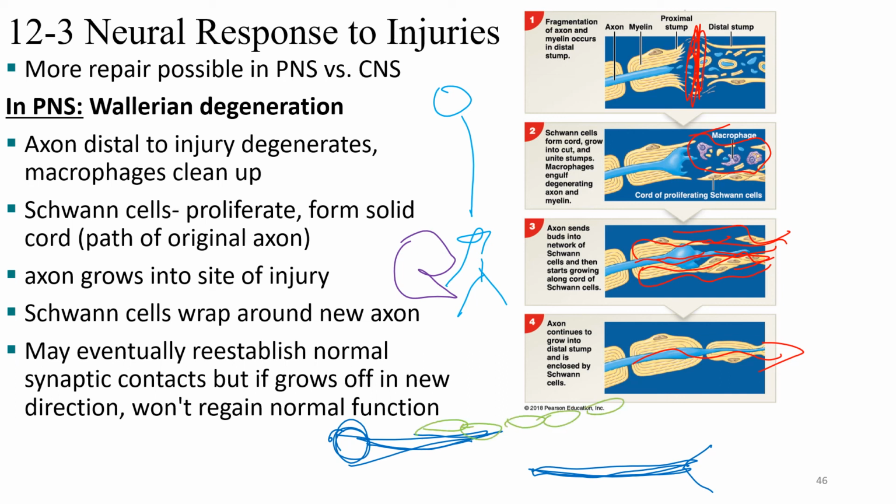The Schwann cells would be, say, going in this direction. And so then our axon would end up growing this way and wouldn't be able to connect here. But surgeons could actually align the ends of the tissue so that it can reconnect.